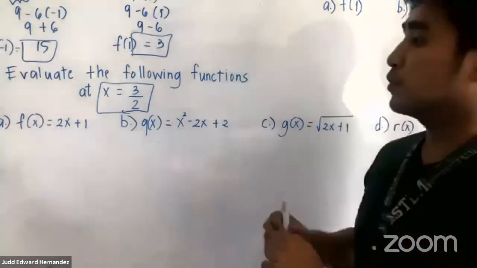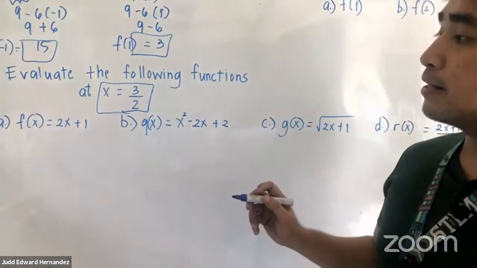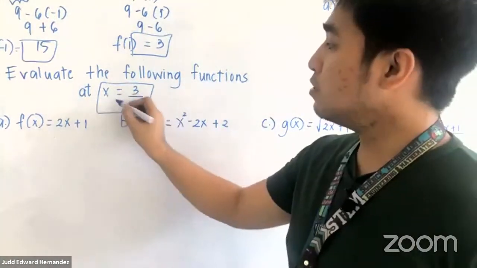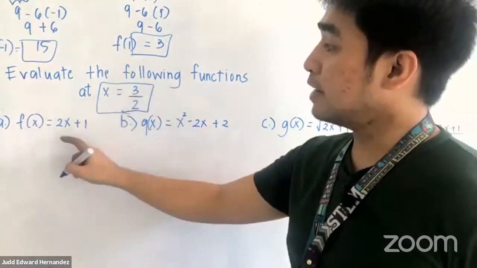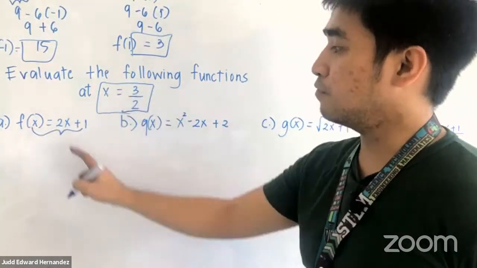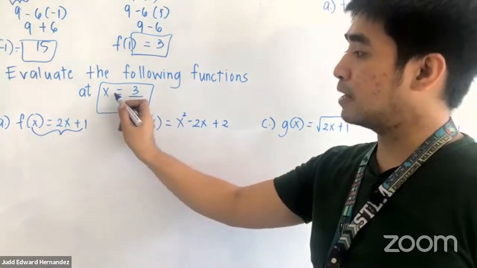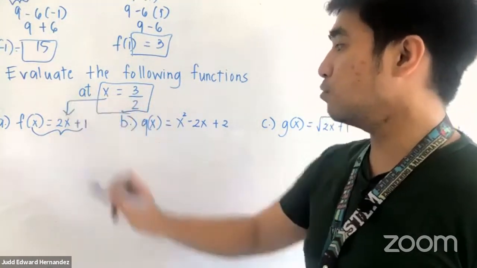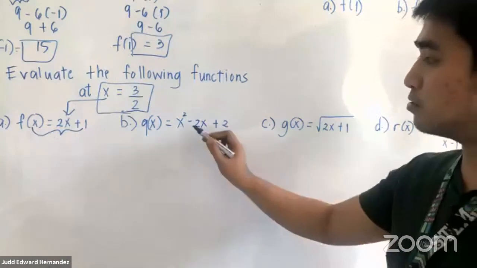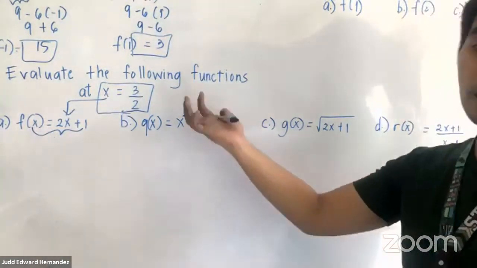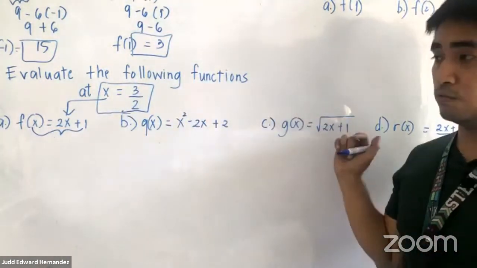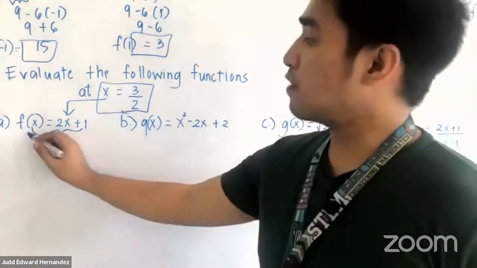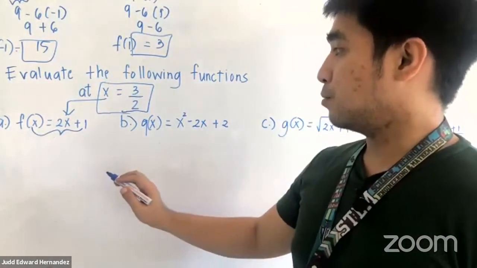For these functions, always remember that we need to replace the value of x by 3 over 2 in every function. If this is 2x plus 1, we'll replace x by 3 over 2. If this is x squared minus 2x plus 2, we will replace x by 3 over 2, and so on and so forth.